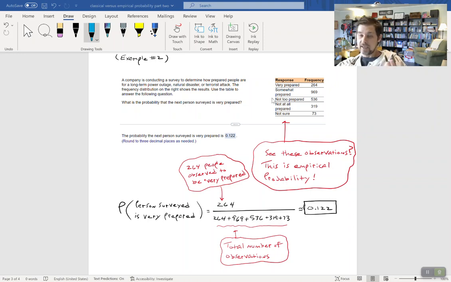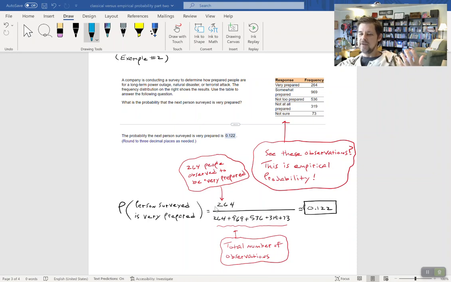Well, we'd have to base that on what we've seen so far. So we'll say the probability that the next person surveyed is very prepared will be, how's it worked out so far? So far, 264 people were observed to be very prepared, but how many total outcomes or events have there been? That would be all of this, right?